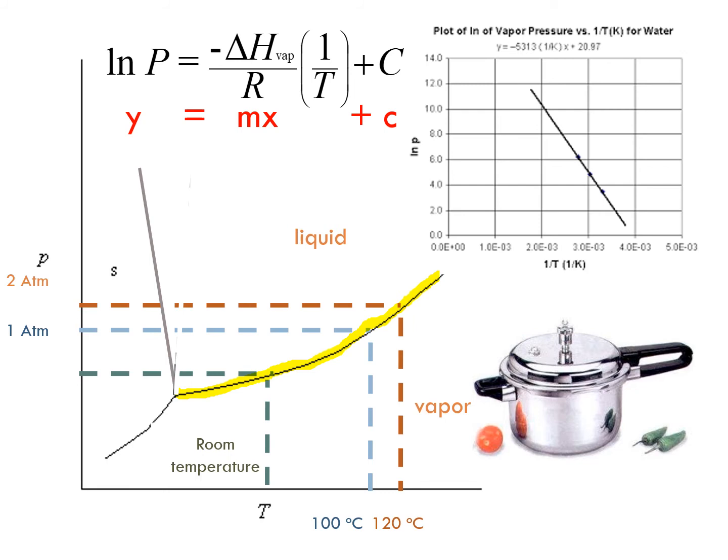That's not so interesting per se, but the slope would be equal to minus the ratio between the enthalpy of vaporization and the gas constant. Because the gas constant is known, this graph allows us to calculate the delta H of vaporization of water.